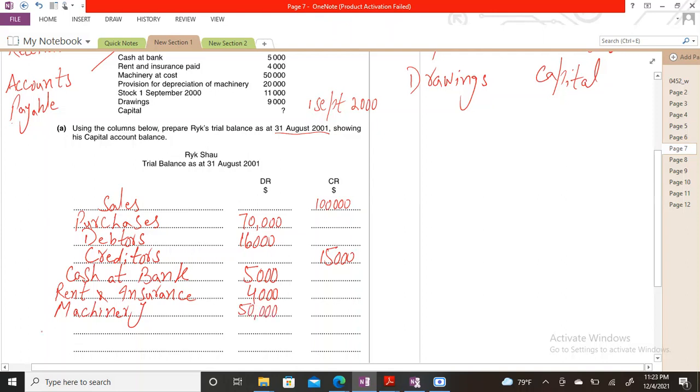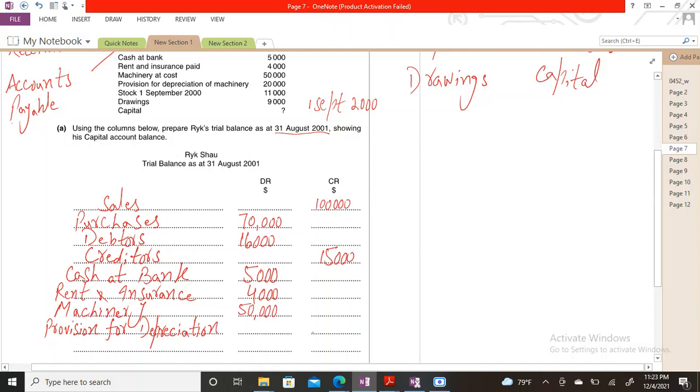Then we have provision for depreciation. Depreciation means a decrease in the value of a non-current asset. This decrease is on machinery, so it is decreasing the value of the machinery. So it will be on the credit side, because when the value of the machinery is increasing, it is on the debit; when it is decreasing, it is on the credit.